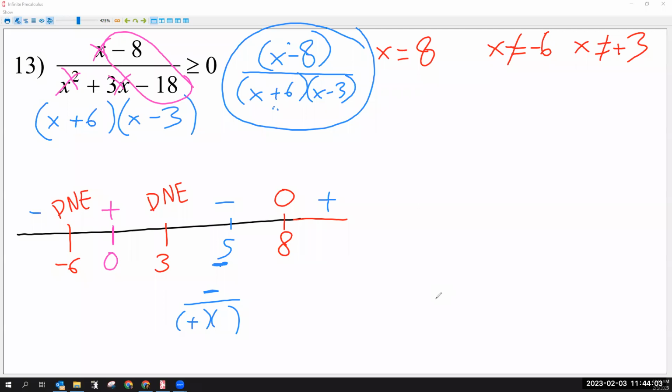If I plug +5 into this one, what would I get? Still a positive. Now in the bottom, I have a positive times a positive, which is a positive. Negative over a positive is a negative. There you go. Kind of confirmed it is alternating signs. The only time it should not cancel signs is if something is repeated. So if I end up with two x minus 3's, it's probably not going to change signs at x minus 3. Okay. Other than that, it should always change signs.